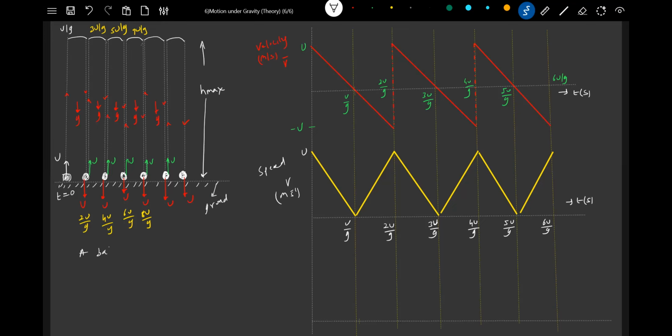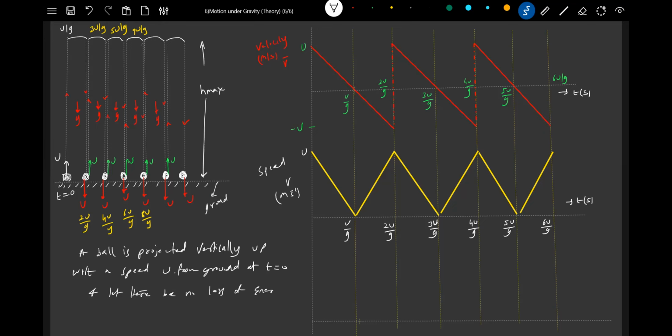Here a ball is projected vertically up with a speed u from the ground at t equals 0, and it bounces up and down with no loss of energy, with no loss of energy due to impact.